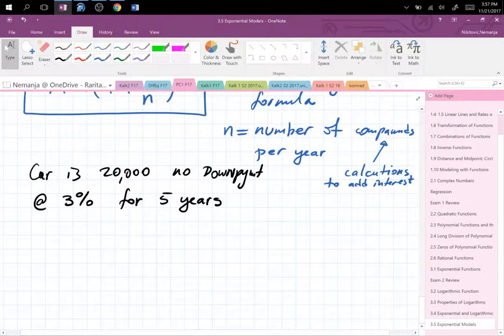So let's get this car. What I'm going to ignore are the extra fees that you actually pay when you get there. When you are buying a 20K car, there is a tax on a 20K car, which is $1,400, right? So there is plus $1,400 for the tax.